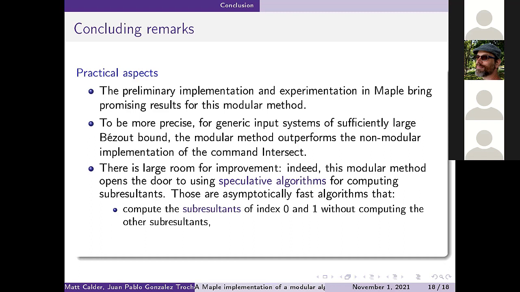And then in the main algorithm, we do interpolation of the third variable. So we're doing interpolation of the two variables, yeah. Does that answer your question?